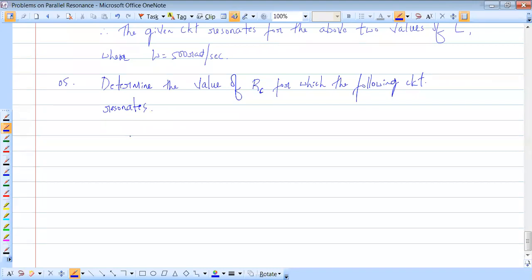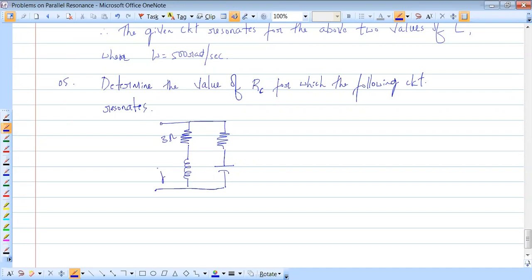What is the circuit given? Then you have another R, which is in series with C. They have given that this resistance is 3 ohms.